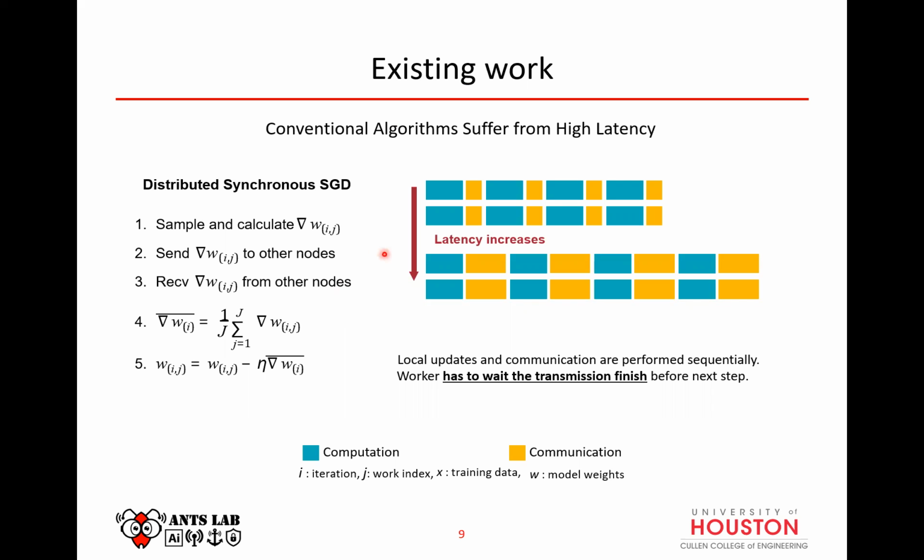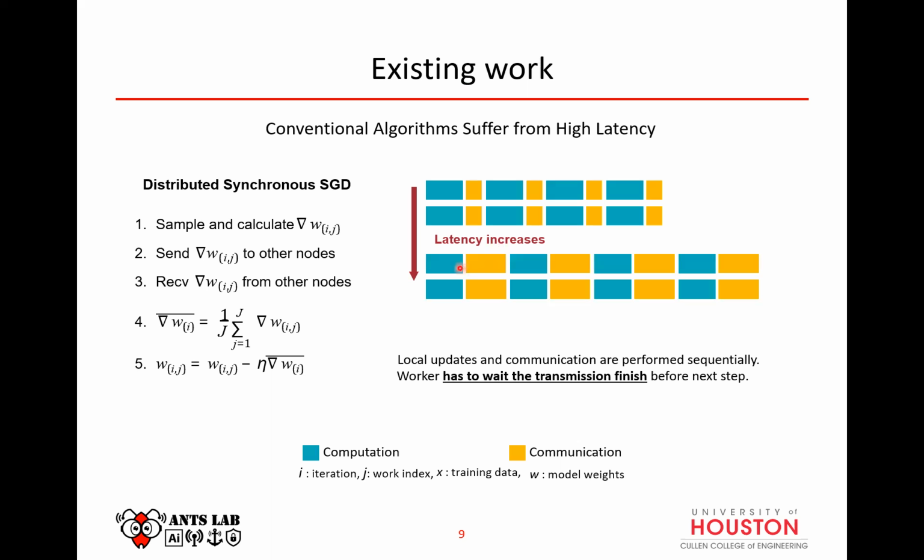Let's say the blue boxes are the local computation of the devices, and the yellow box is the communication. It happens sequentially. Computation takes some time, then communication takes this much time, then computation again. So it's an alternating cycle. If the communication time increases because of the physical limitations or other bandwidth issues like we saw, then this yellow keeps increasing.